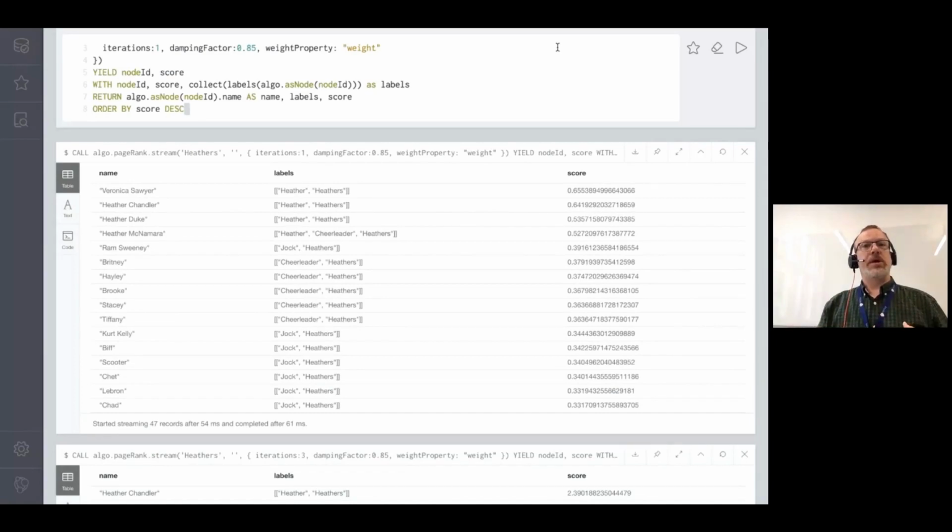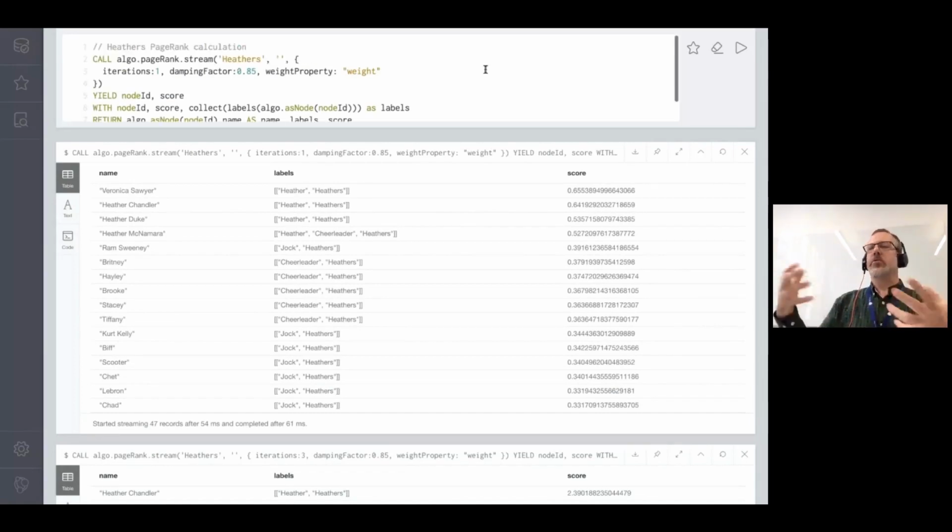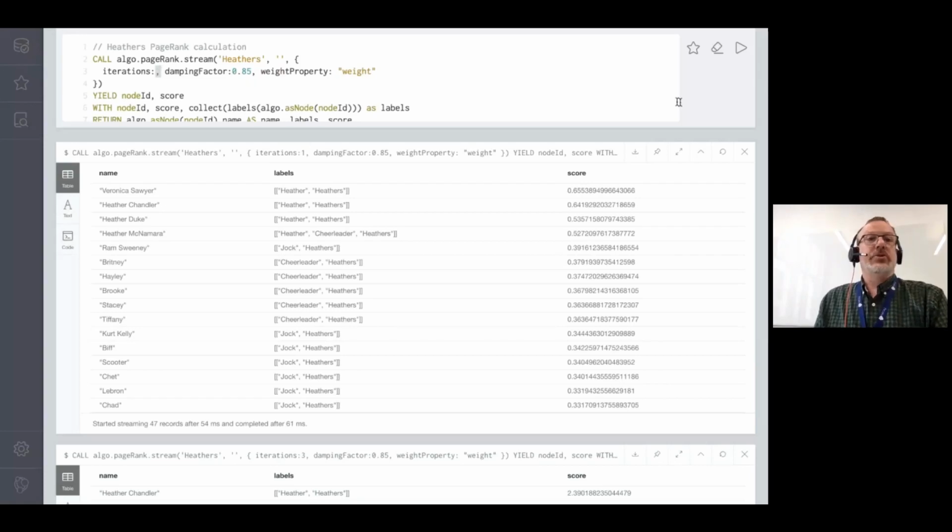The graph can't know everyone's score straight out of the gate. It has to do some recursion to understand that transitive influence as it moves through the network. So the more iterations you do, you can expect your results maybe to be more accurate, right? So the default for this is actually 20, I think. And we can see if we run that, we should get some more accurate results to the graph.